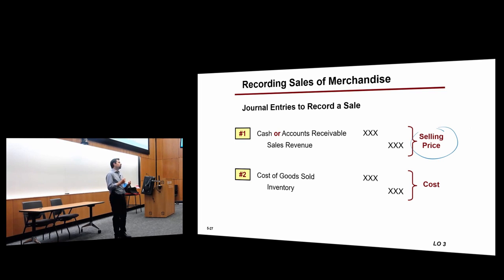This is when they purchased that merchandise, which would include any costs that were incurred to acquire that asset, that inventory. So it's not just the purchase price, it's the purchase price plus the shipping if they had to pay for shipping, plus etc. etc. Okay? So this is the cost of those products.